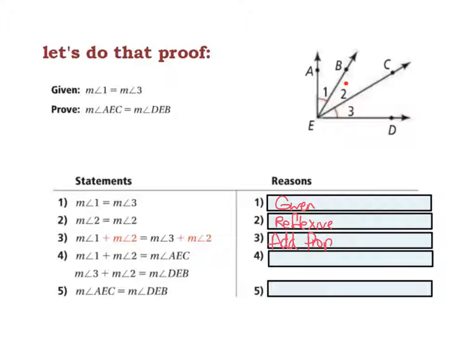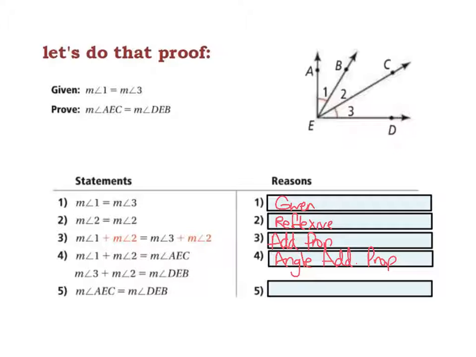And if you look at the second part, the measure of angle 3 and the measure of angle 2, that's these two, will add up and be equal to DEB. Again, adding the 2 little angles equals the big angle. I'm stalling for you. Do you know it yet? Angle addition property. Remember that?